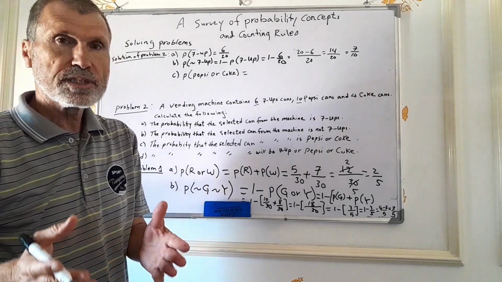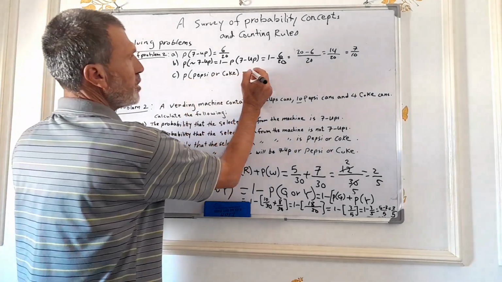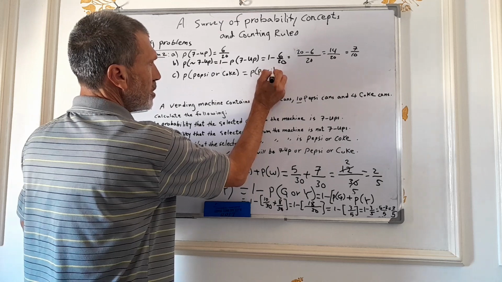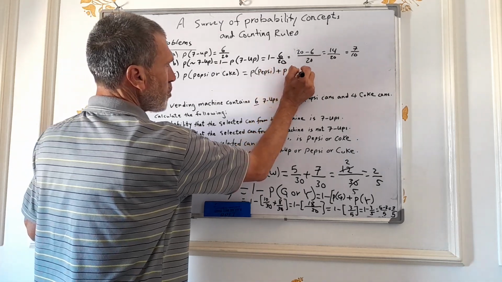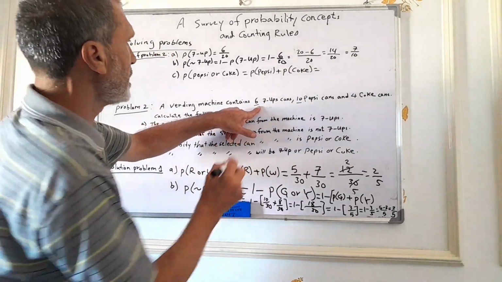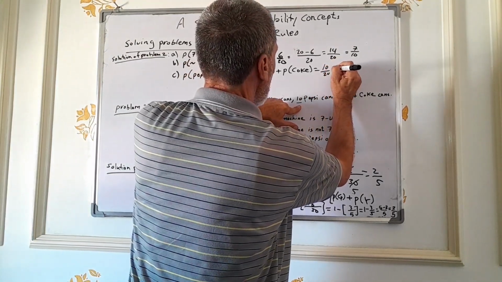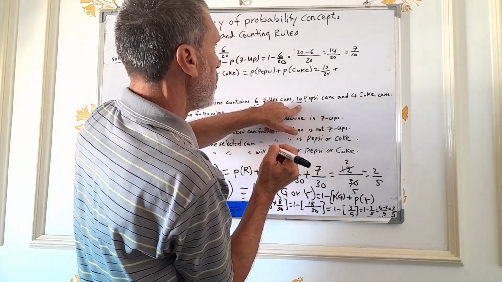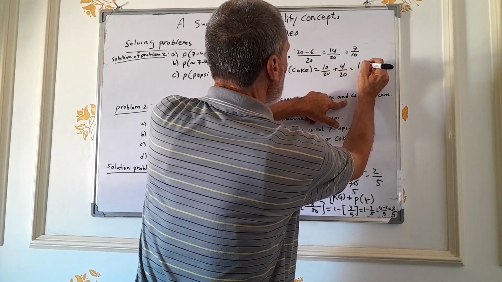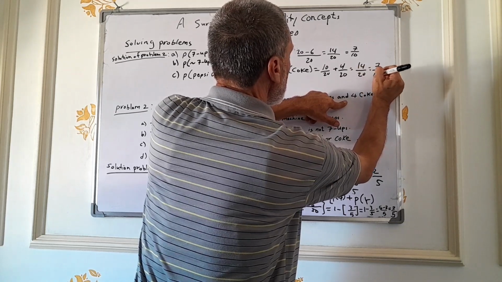So we have to use the special rule of addition. So probability of Pepsi or Coke is equal to probability of Pepsi plus probability of Coke, which is equal to, we have 10 Pepsi, 10 over 20, plus probability of Coke, we have 4 Coke, 4 over 20, which is equal to 14 over 20, which is equal to 7 over 10.